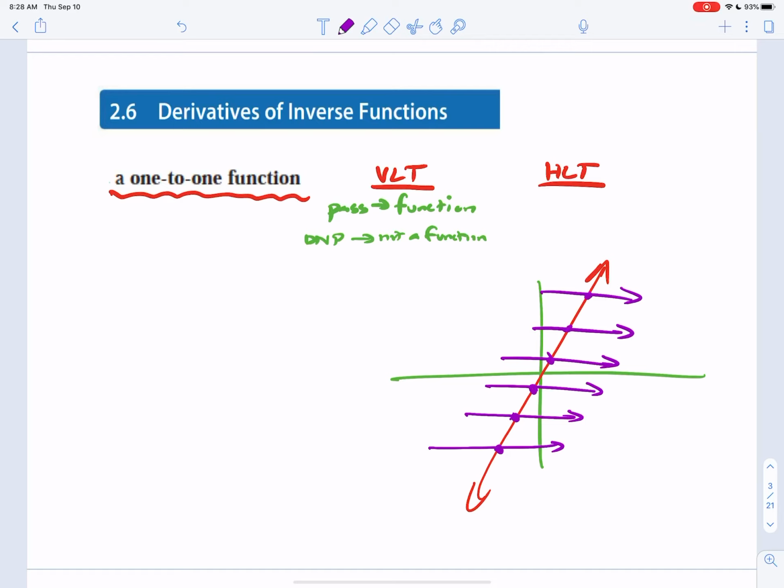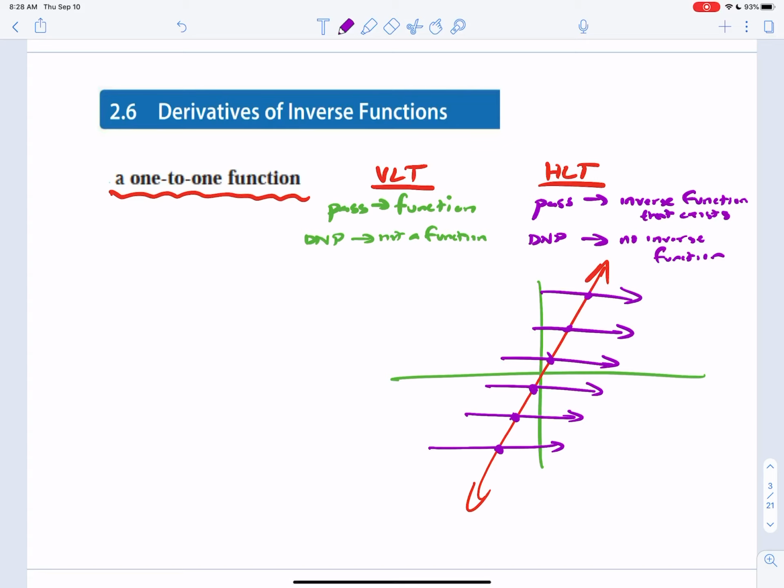So we would call that a pass. But what the heck does it mean, right? If it passes, it tells you that there's an inverse function that exists. If it doesn't pass, there's no inverse function.